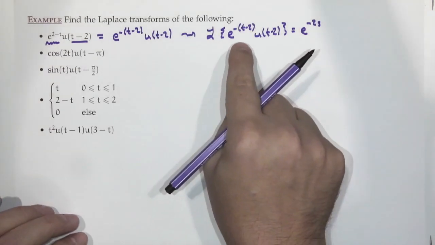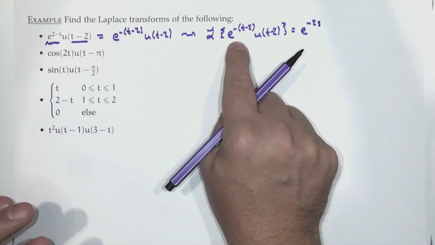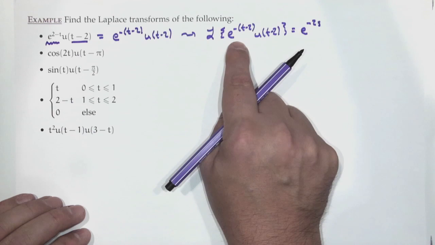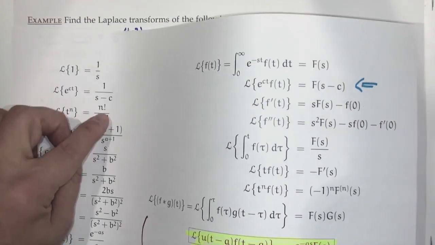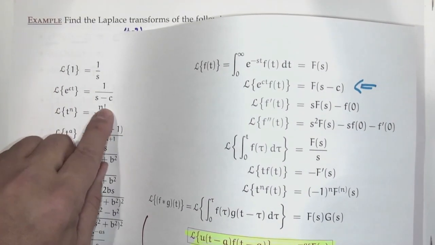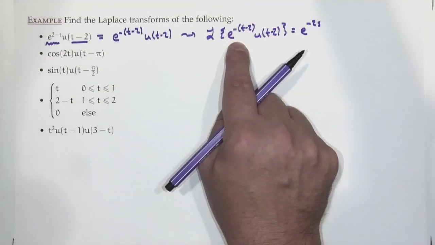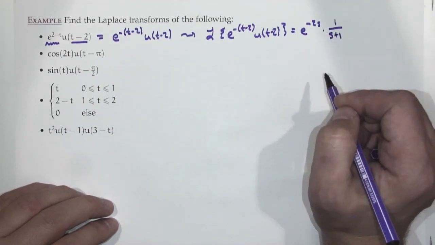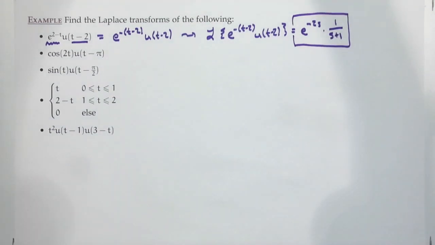So our unshifted function is what function? e to the minus t. What does e to the minus t go to? Well, we look it up on our chart. e to the minus t will go to 1 over s minus minus 1, also known as 1 over s plus 1. And we're done.